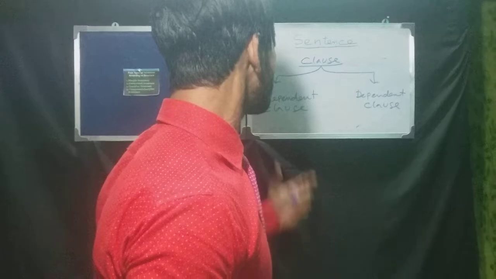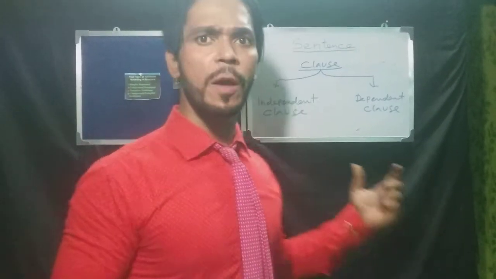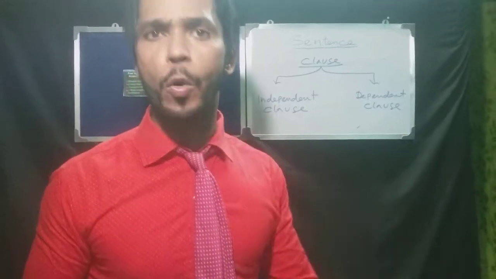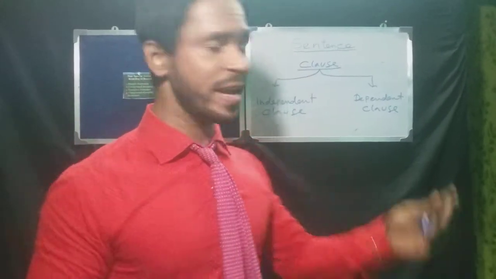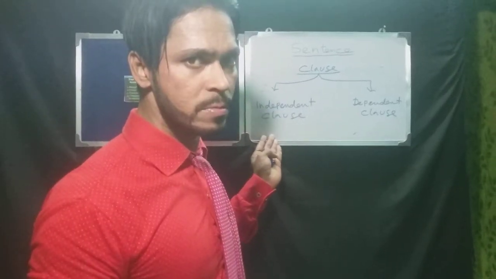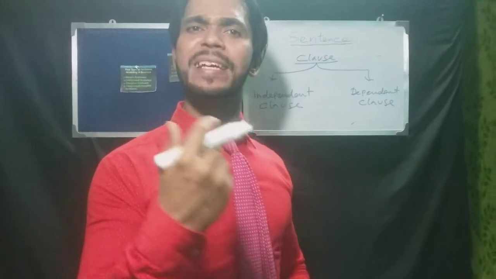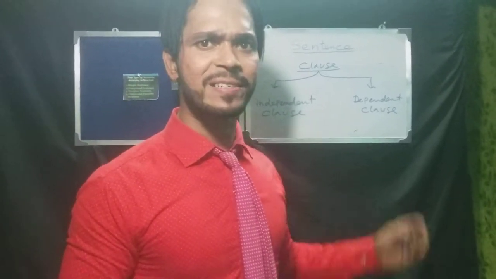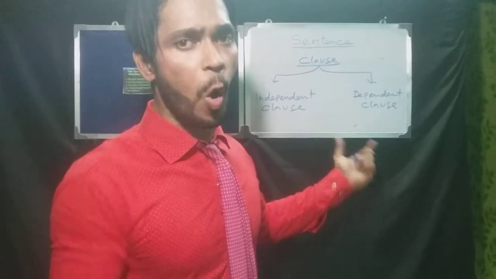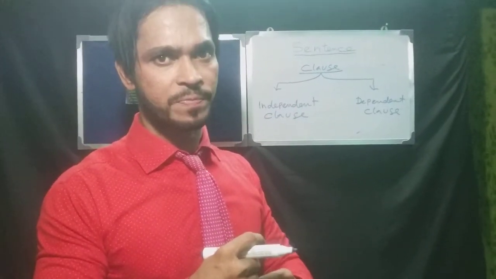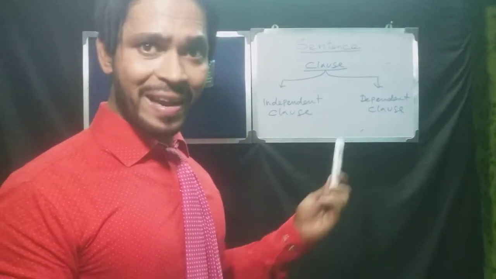An independent clause contains a subject and verb, and it makes sense of its own. It makes a meaning of its own. It can stand alone. On the contrary, a dependent clause doesn't make sense of its own. It doesn't make a meaning of its own. It depends on the first clause. Now let's check it out in an example.